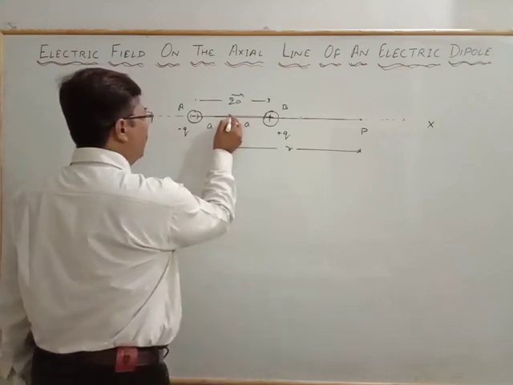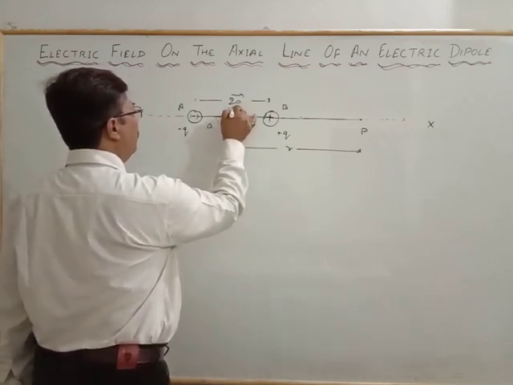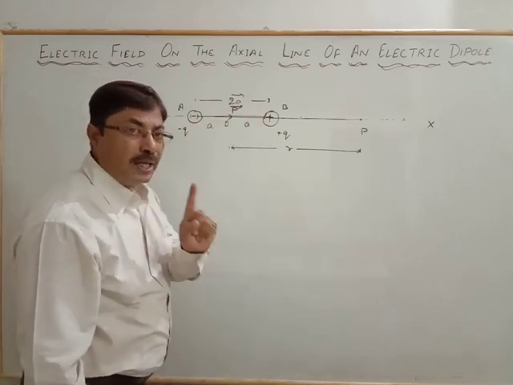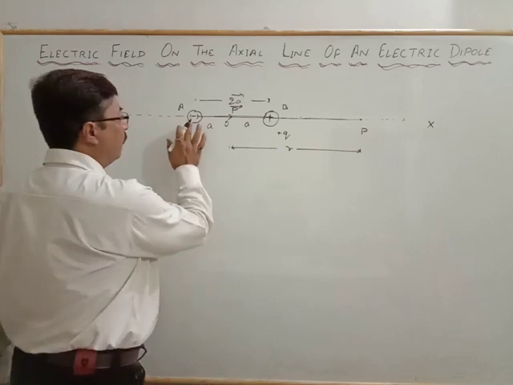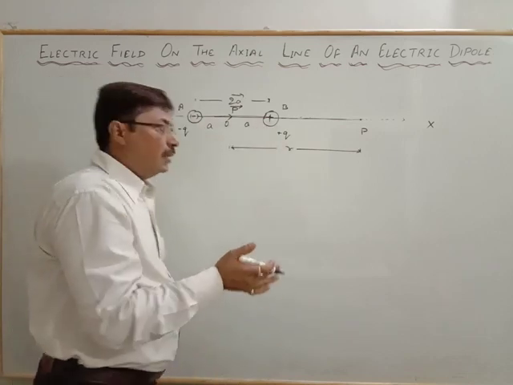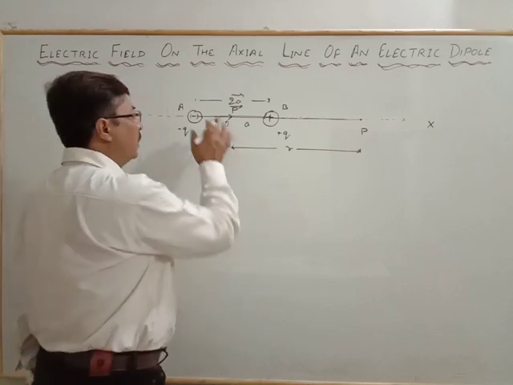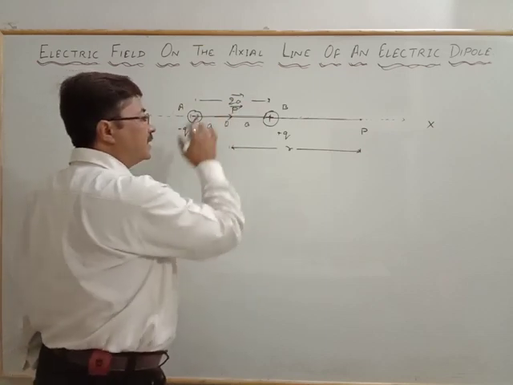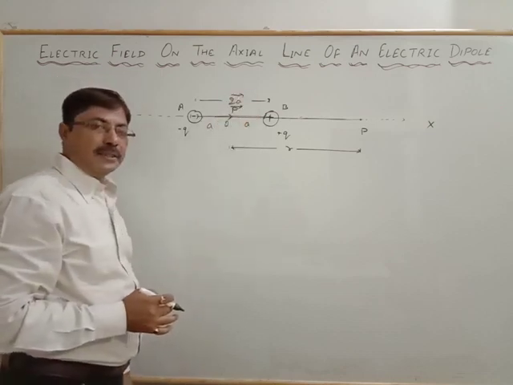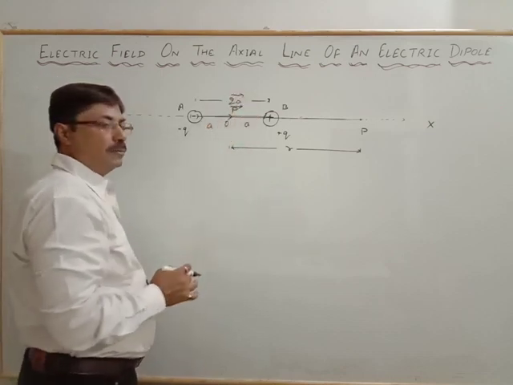Also, the dipole moment we consider is the p vector. We know that the dipole moment has the direction from negative to positive, against the electric field direction, along the length of the dipole.